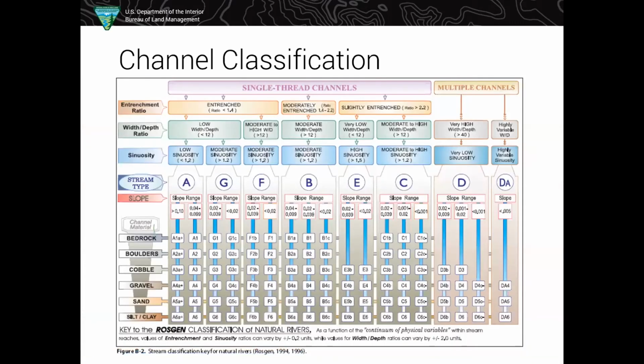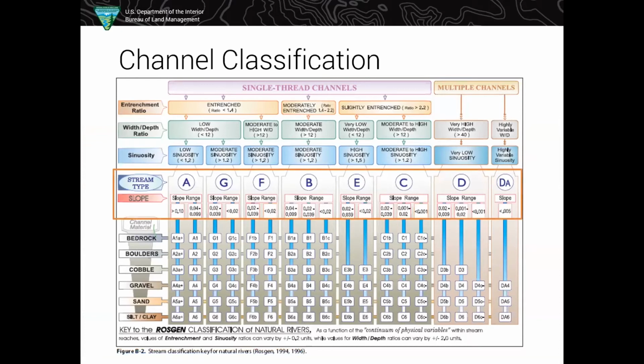So at this point, hopefully, if you're still awake, you have a pretty good understanding of these broad channel types located within potentially your project reach. You went through entrenchment ratio, through sinuosity, so you probably know at least what that broad channel type is. To further refine it, what we're going to do next is take a dive into slope.